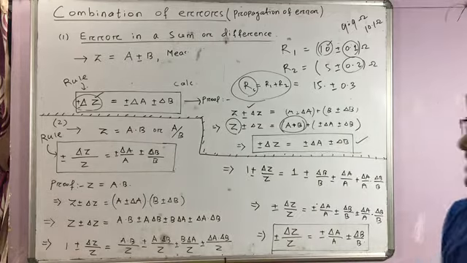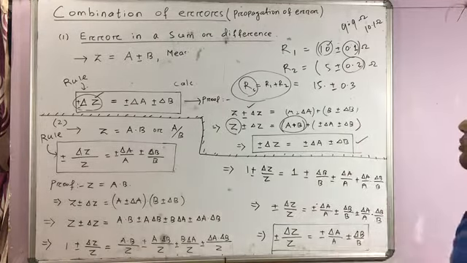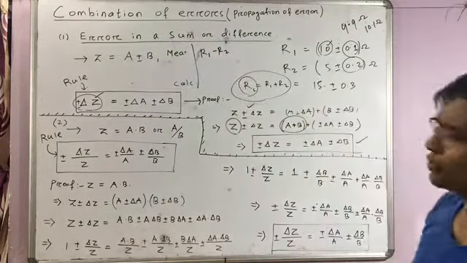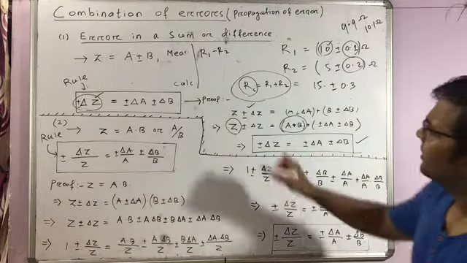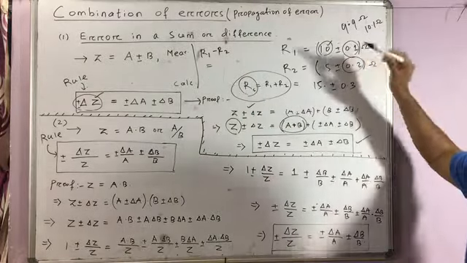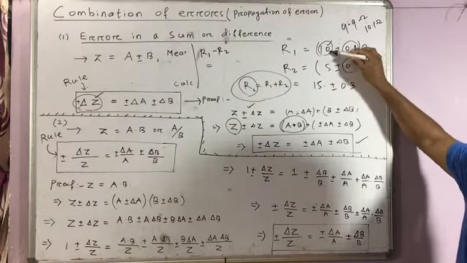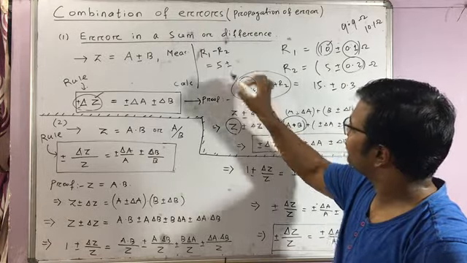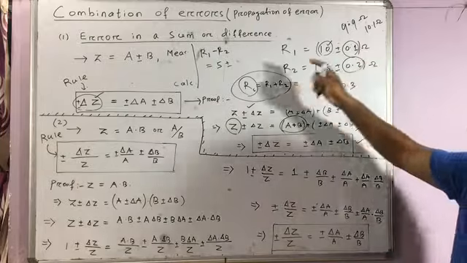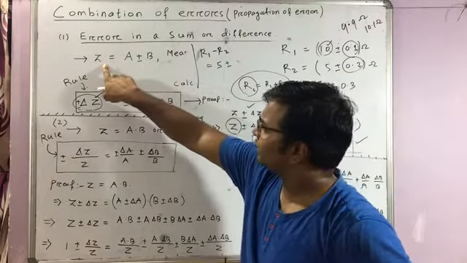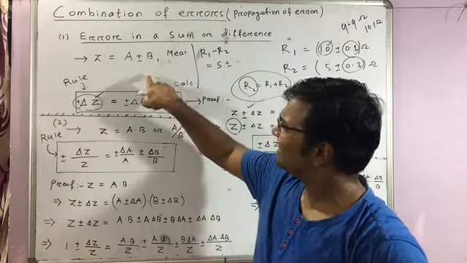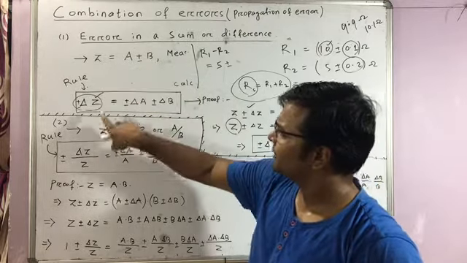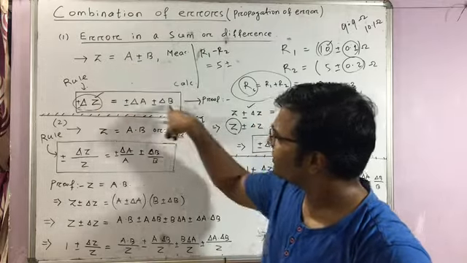Suppose someone asked you to calculate the difference between the resistances. Difference between the resistances, what is the difference? R1 minus R2. Then your answer would be, see the true value, here it is 10 and here the true value is 5. You just subtract the true value, it is 5. Then we will go to the error part. To calculate the error in a difference, for difference also the same formula is applicable.